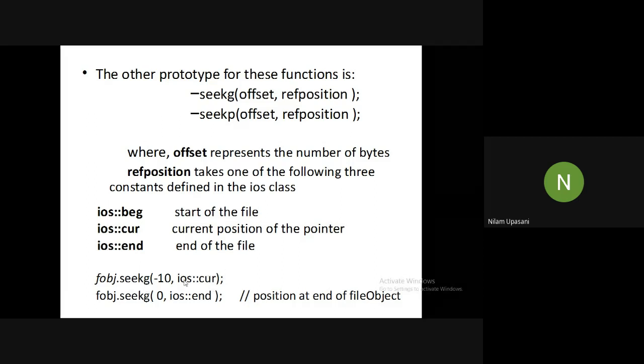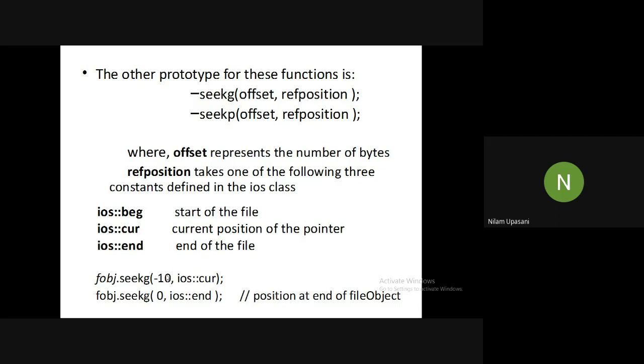What instruction am I giving to the compiler? iOS current, from the current position, and then the number of bytes. If I give -10, then from the current position it will move 10 bytes in the backward direction. And if this is +10, then from the current position it will move in the forward direction by 10 bytes.